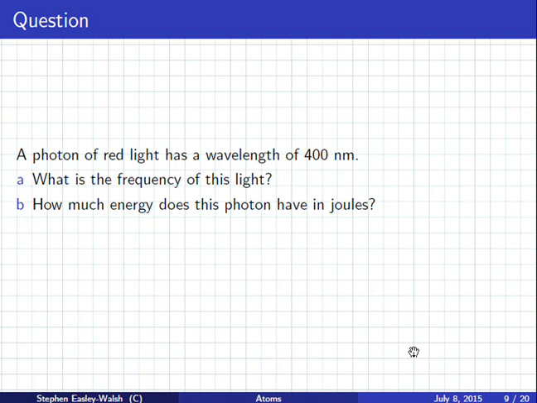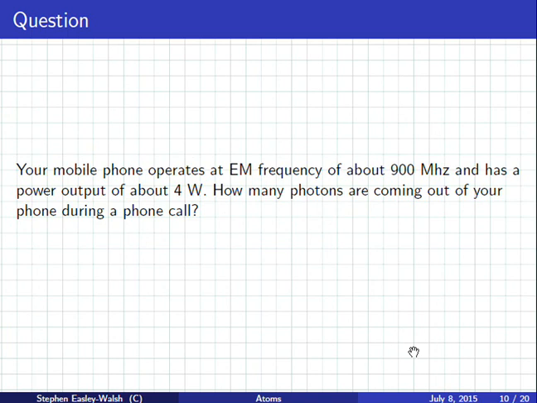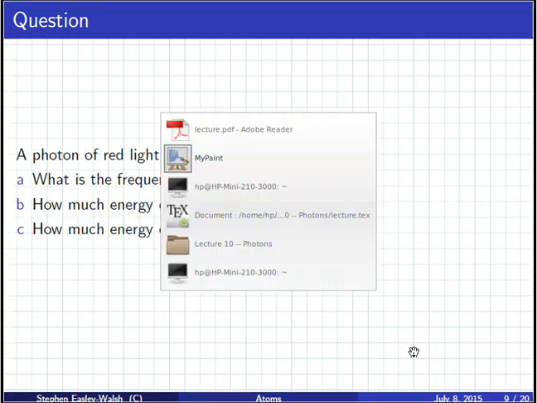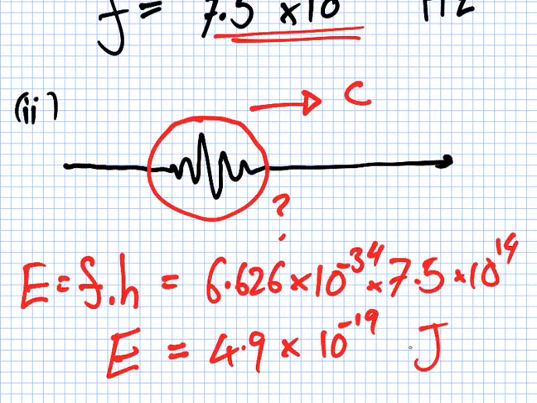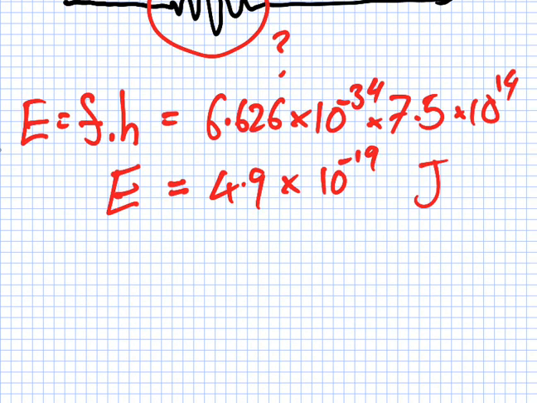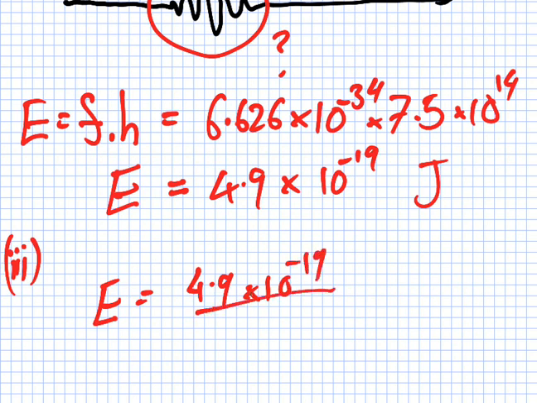Okay, can I scroll down? Yeah. Okay. And now the last part is how much energy does this have in electron volts? Do you remember how to change this into electron volts? Yeah, divide. You are correct. We have to divide it by the e constant, which is the charge of the electron.